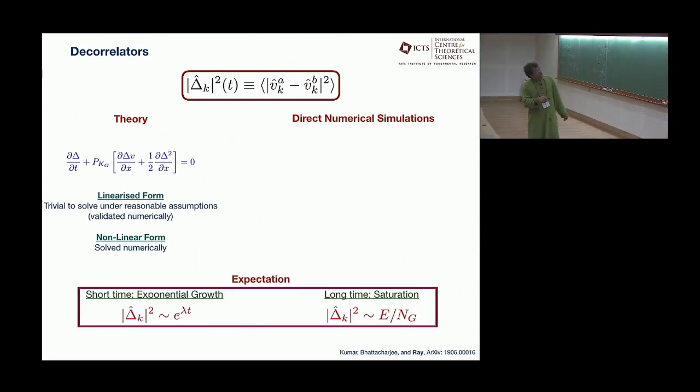The expectation from our theoretical calculation, in the linearized version of this equation and the nonlinear form, is that at short times you would have an exponential growth, and at long times this would saturate with a value which is just the modal energy. Ng is the number of Fourier modes which we retain in this problem.